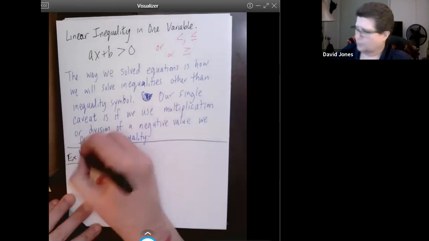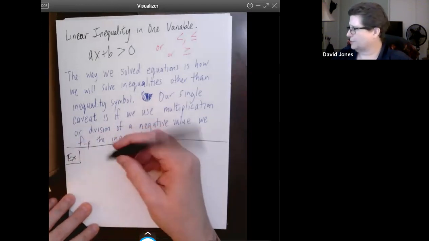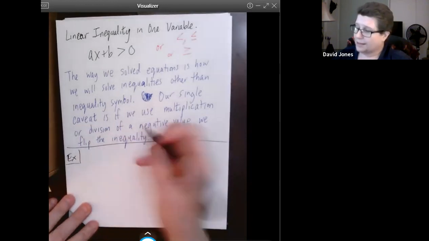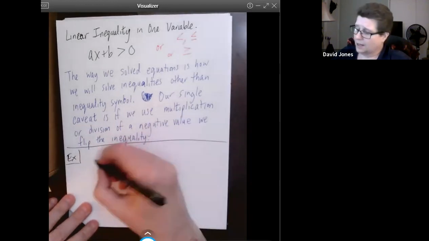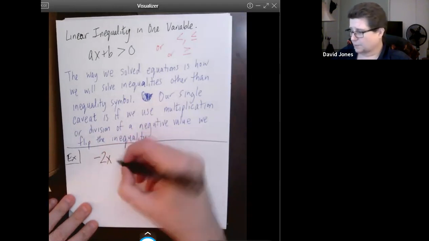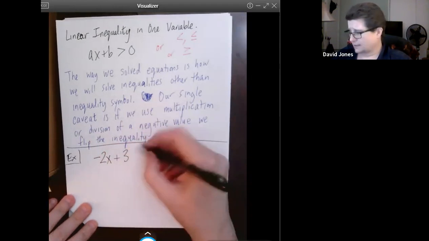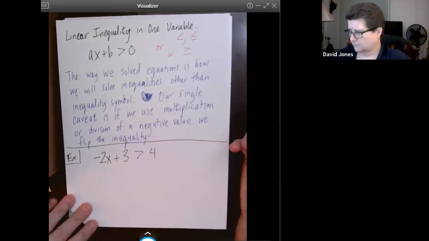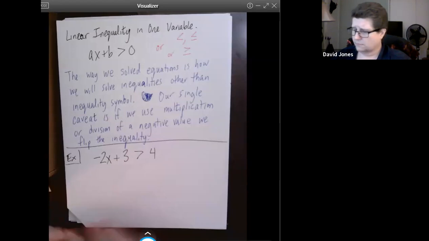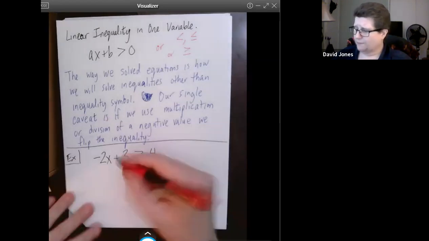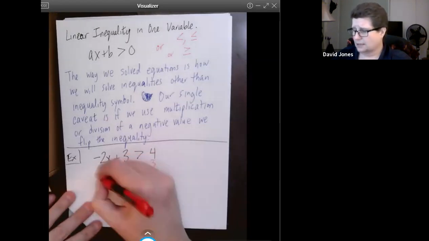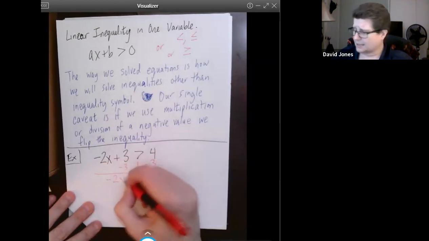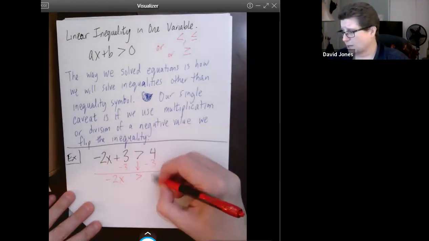Well, we're going to do one example, then we're going to add some more to it before we do the rest. Let's just make sure we do the example with the negative one. That's the easiest one to remember. Let's do negative 2x plus 3 is greater than 4. We subtract 3 from both sides. We bring down the inequality symbol. We've got negative 2x is greater than 1.